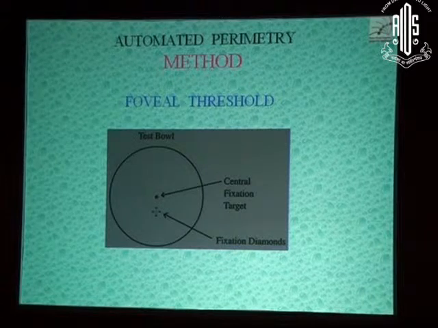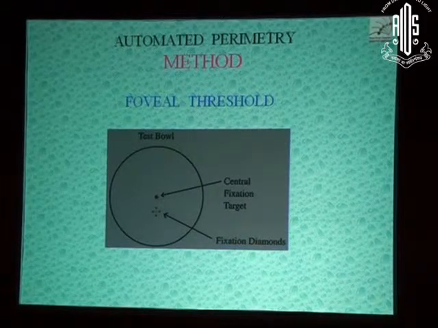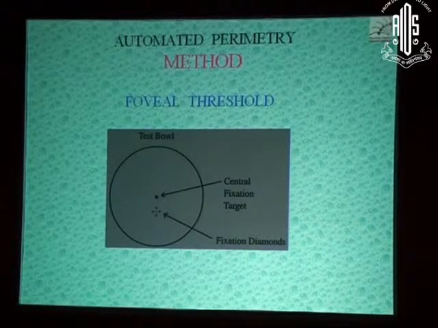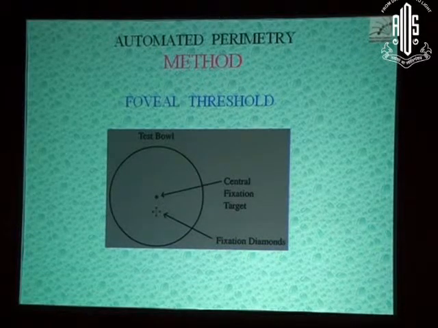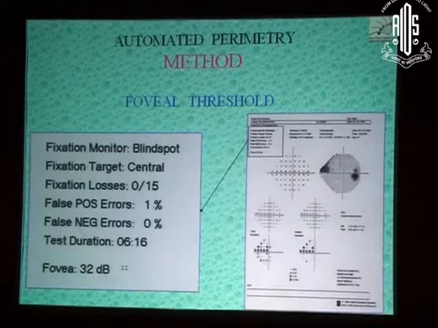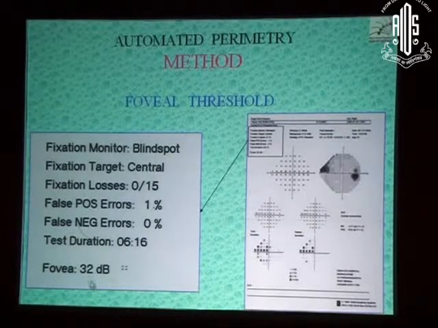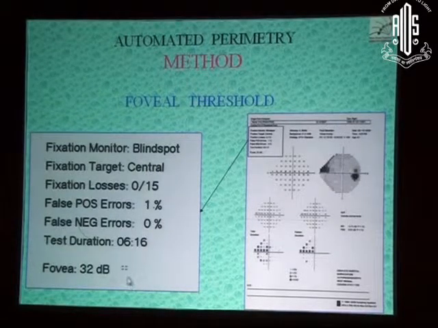Quickly, what is the method the perimeter uses? Usually it measures the foveal threshold first. Different contrast sensitivities are used, as different intensity stimuli are used, and when the patient perceives that, we get the foveal threshold, which is presented just below the reliability parameters as a threshold value, and if it is abnormal, there will be a shaded symbol.